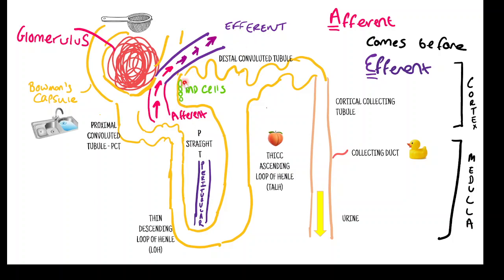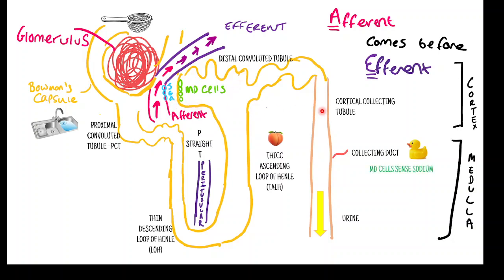So because of that, the distal convoluted tubule has these specialized cells called the macula densa cells, MD cells. And on this side of the afferent arteriole, you have cells called the juxtaglomerular apparatus, JGA. And essentially the purpose of the juxtaglomerular apparatus and the MD cells, which are on the distal convoluted tubule, is they can communicate with each other through tubuloglomerular feedback, which I'll talk about later on.